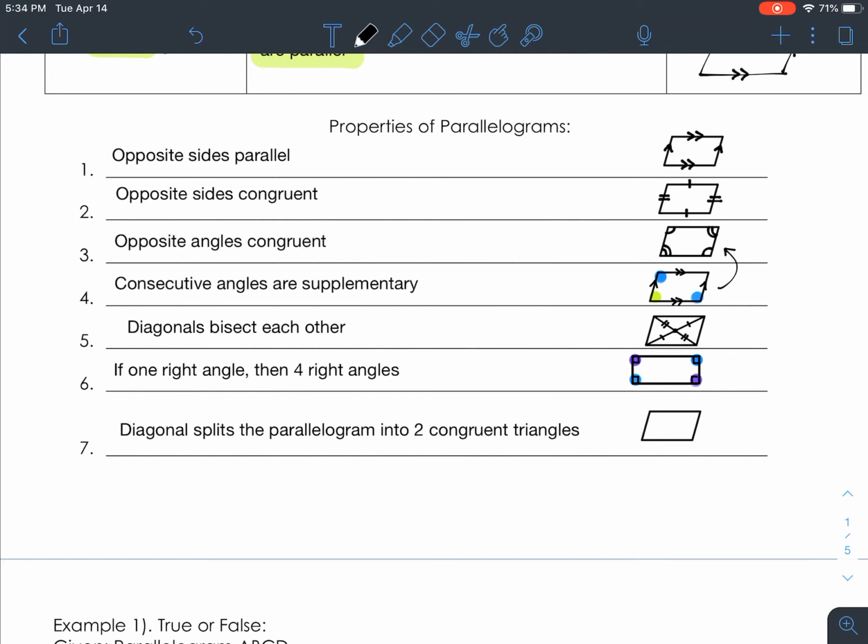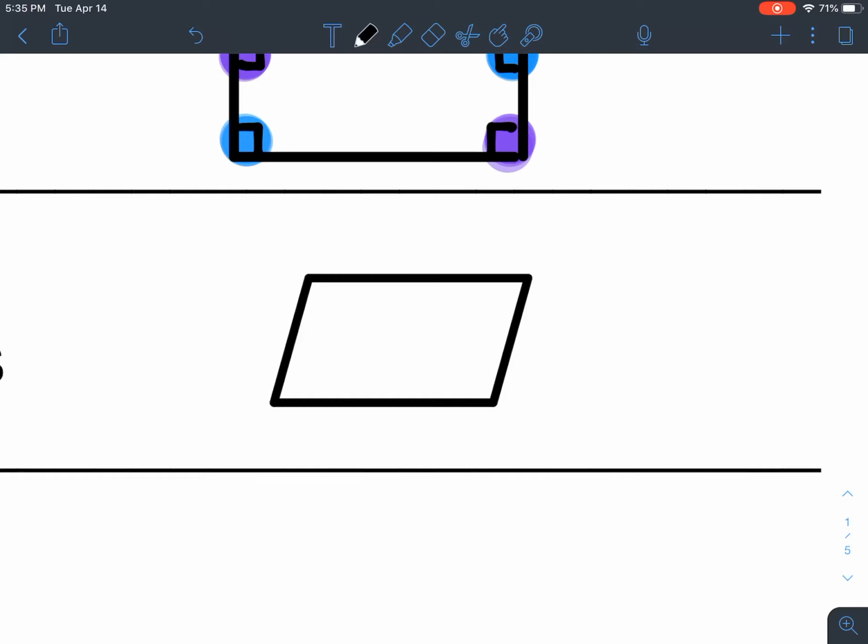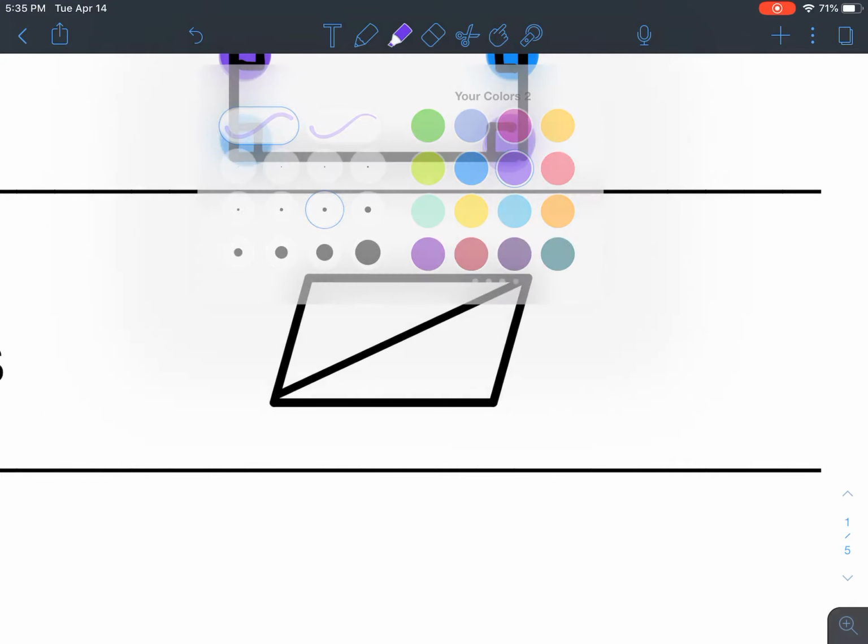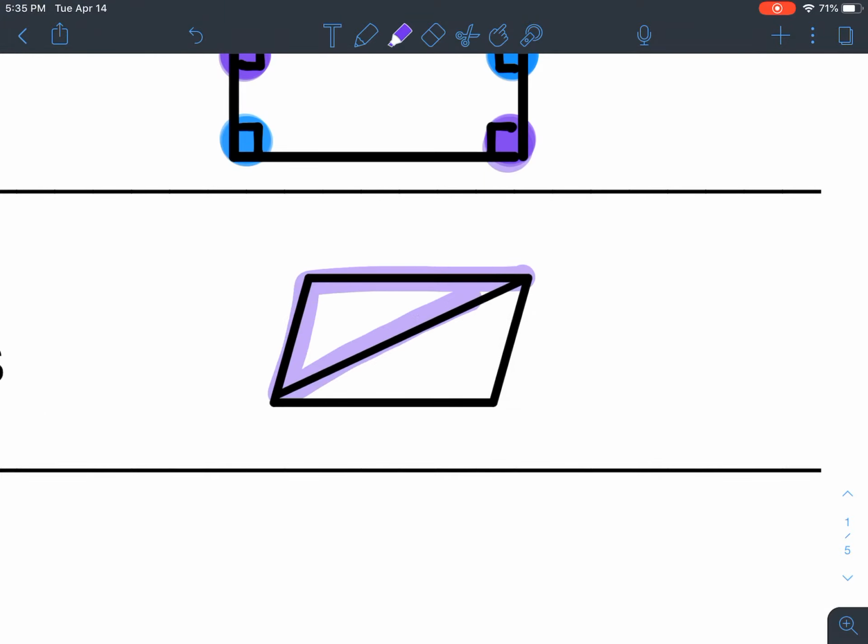Now, the last one is the diagonal splits the parallelogram into 2 congruent triangles. If I just drew one of those diagonals, what it's saying is that the 2 triangles I just created, this triangle right here and this triangle right here, have to be congruent.